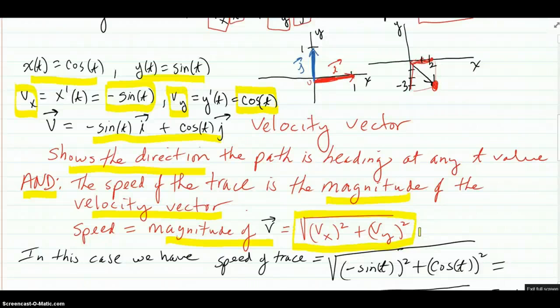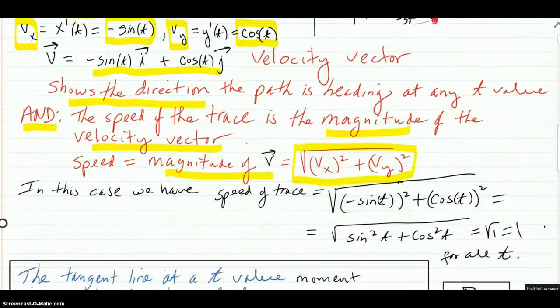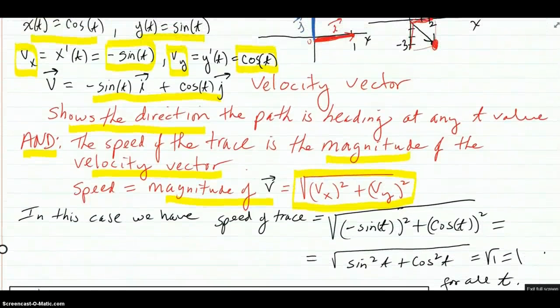And so if you wanted to know the speed at any value t of the parameter, you would just put in your vx squared plus vy squared. In this case it comes out to be 1 no matter what t is. So for this particular case, the path is uniformly traced out, and we've seen that in animations.